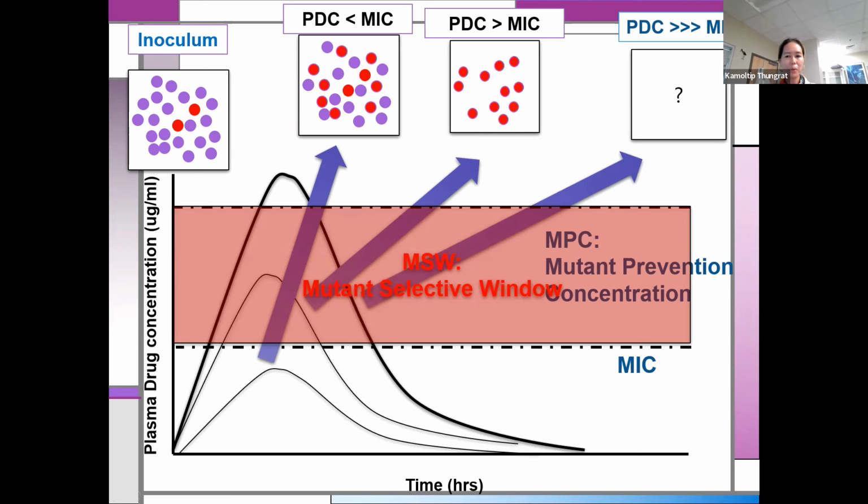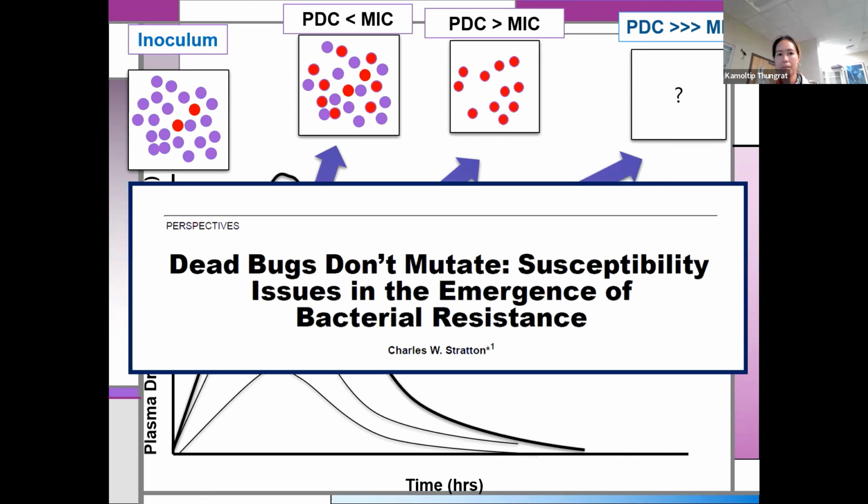We don't know for sure which way will do best in the clinic, but what we know is that pharmacokinetic and pharmacodynamic integration is the best way for us right now to try to avoid the mutant selective window. And that is the principle of dead bugs don't mutate.